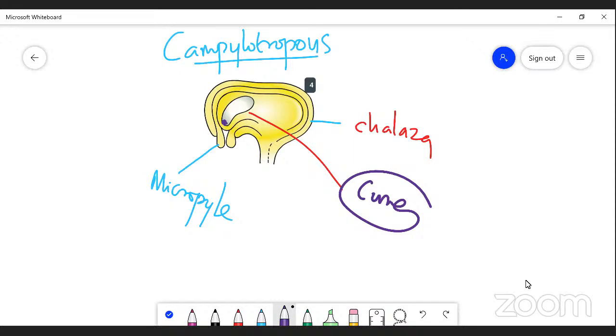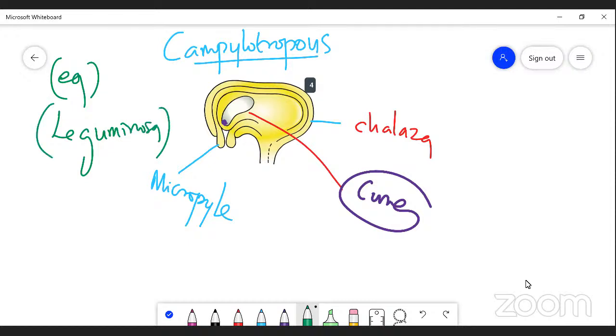Now this type of ovule is found in the Leguminaceae family, the Leguminosae family, or the bean members, pea plant, bean, right? In this category, you can see campylotropous.